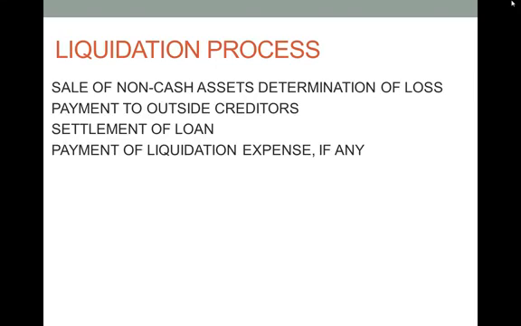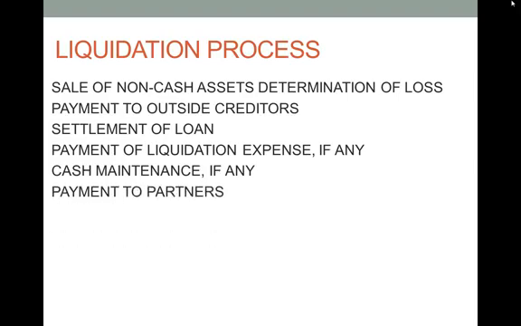This is what was added in the installment liquidation process: payment of liquidation expense and cash withheld, or cash maintenance, if any. Later, let us discuss the liquidation expense and cash maintenance or cash withheld. Then, payment to partners. That is the 6th step of the installment liquidation process.